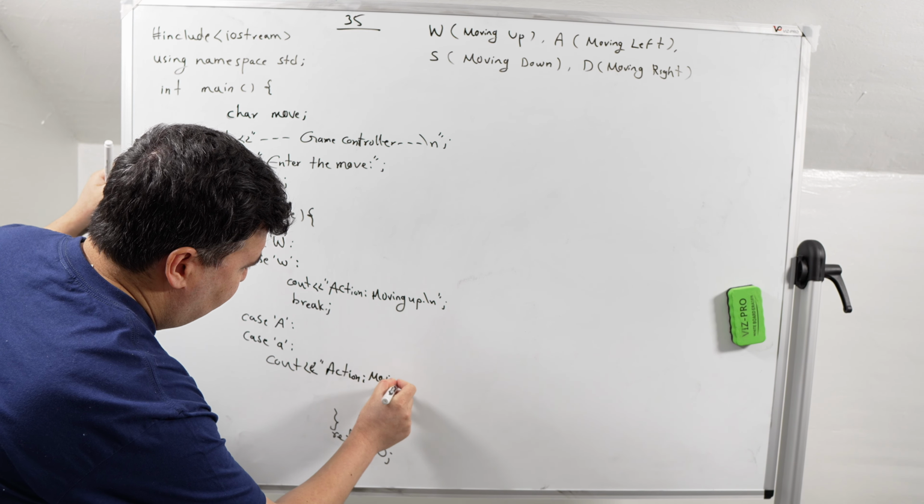We use \n and a semicolon, closing the quotation because it's a string. And then we use break.